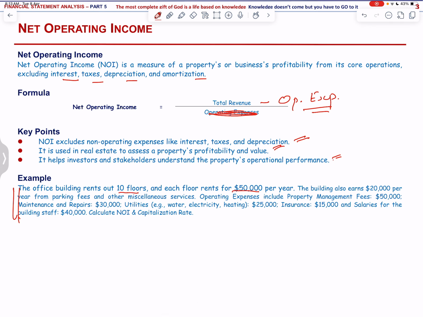Imagine you are analyzing an office building for potential investment, and the office building has 10 floors where each floor rents for 50,000, and there is an additional earning of 20,000 from parking fees and other miscellaneous, and there is a set of expenses as well.